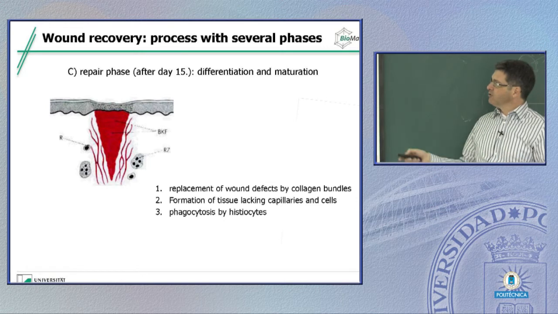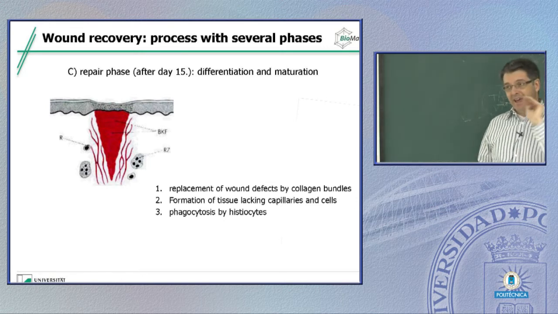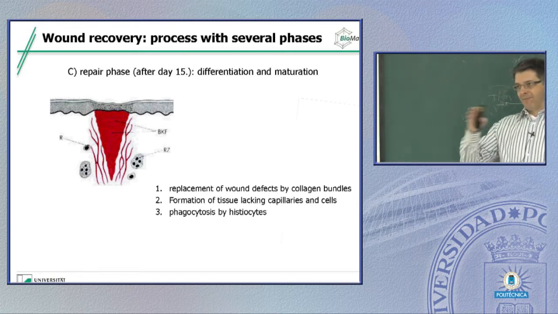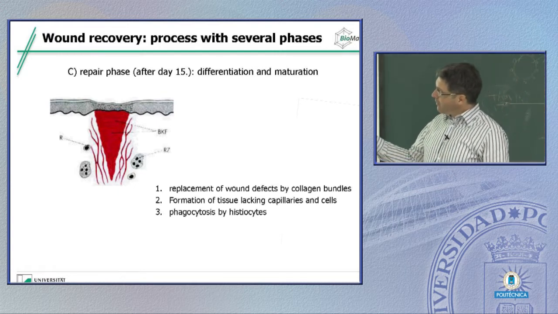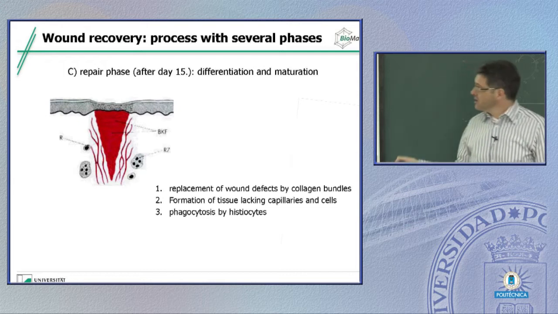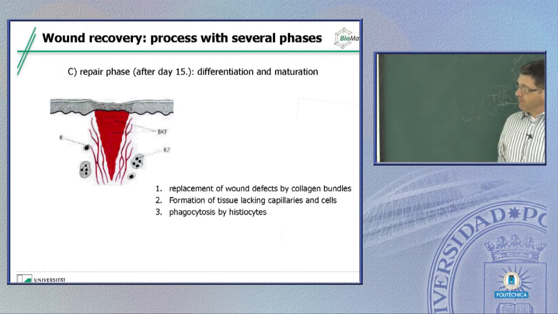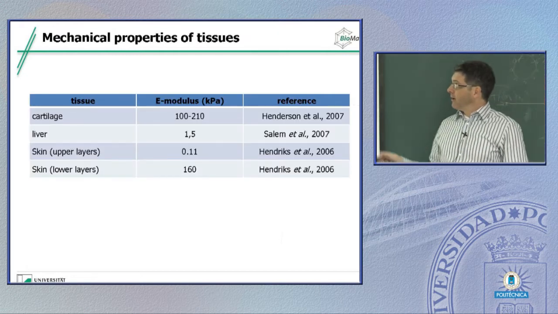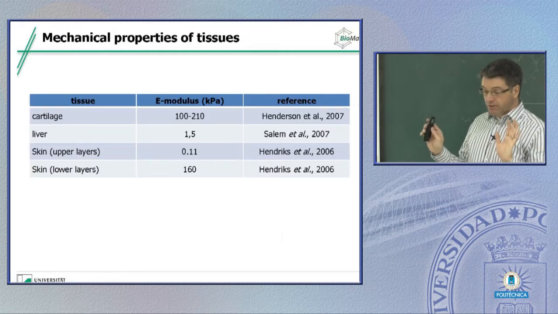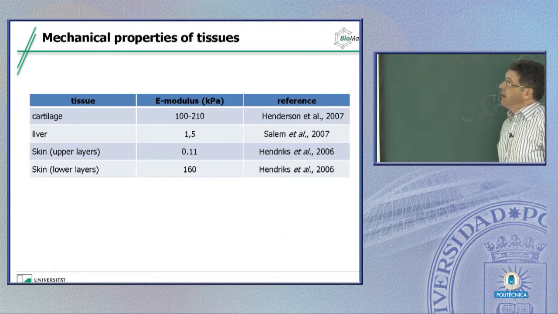This is something we can do, but this has nothing to do with kinetics. This is more about having better equilibria. But then the other topic of tissue engineering is to actually improve the repair phase and make the kinetics of the repair phase faster. So far for the background.